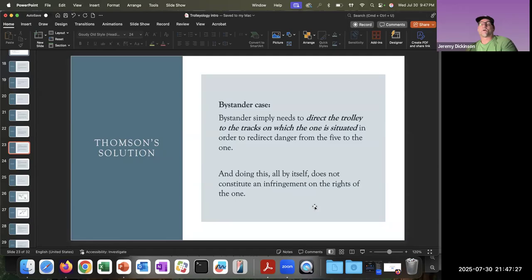Well, because all the bystander needs to do is flip the switch or direct the trolley towards the one, away from the five. And in doing this all by itself, Thomson argues, does not constitute infringement on the rights of the one. So the means itself doesn't. Okay.